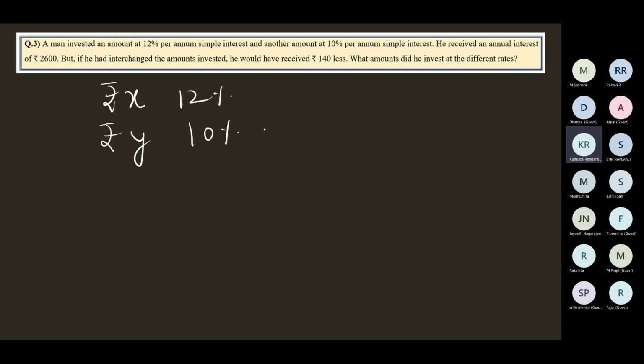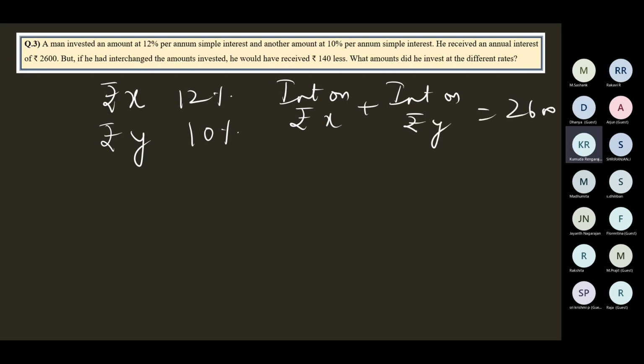His total annual interest, annual meaning for 1 year. So the interest on this money X plus the interest on this money Y is equal to the total interest of 2,600. Because it's given, he received an annual interest of rupees 2,600, only the interest.